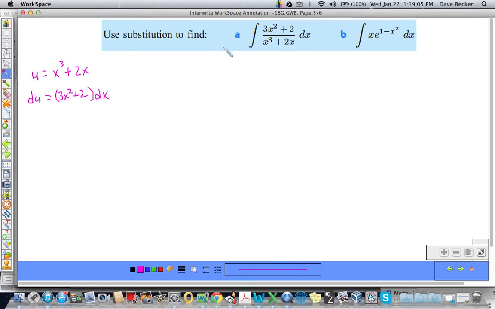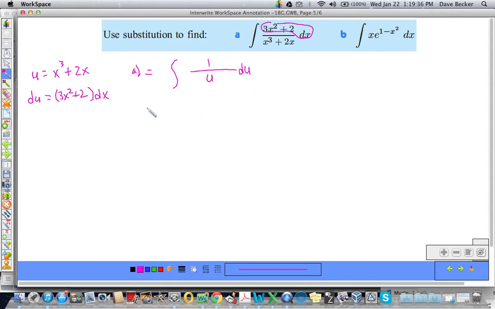Okay, so then this a, I'll put a here so I don't have to rewrite it, equals the integral of, well, first I'm going to do my u substitution. I said u equals x cubed plus 2x. So that's going to be here, right? And du equals the 3x squared plus 2 times the dx. So I can put the du here, and that would leave a 1 up here because 1 du is just du.